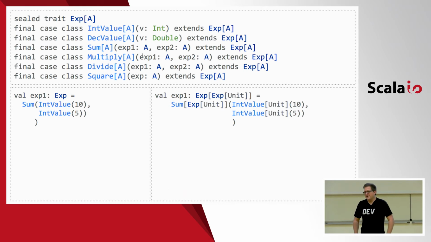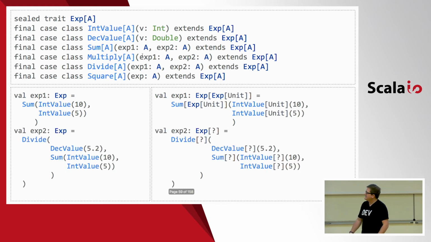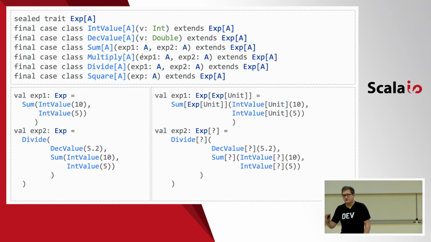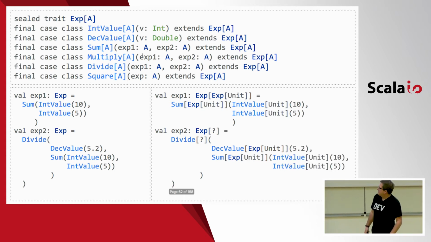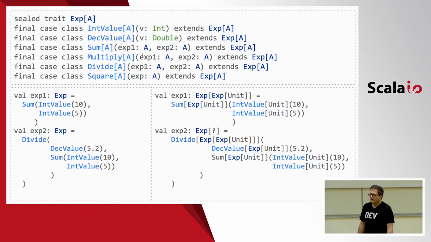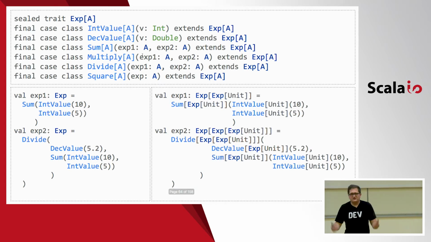And you might be like, huh. And I understand, but it's getting worse. So let's have a little bit more complex example with two levels of those things. I'll just go a little bit faster. One more time, we put a unit on our leaves, then this becomes expression of unit, then this also is expression of unit. So divide is expression of unit, so our final type is expression of unit.